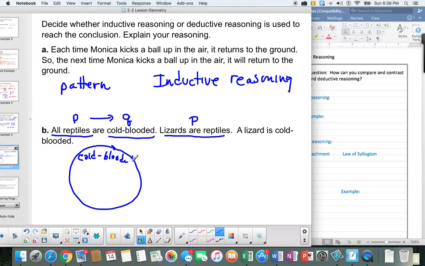And inside here is reptiles. And we're going to have lizards in here. So once lizards are part of this, then we know they're cold-blooded. So this is the Q part. So this is an example of deductive reasoning, where we're using one of the laws.